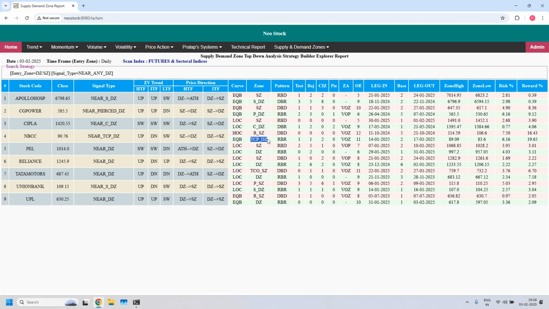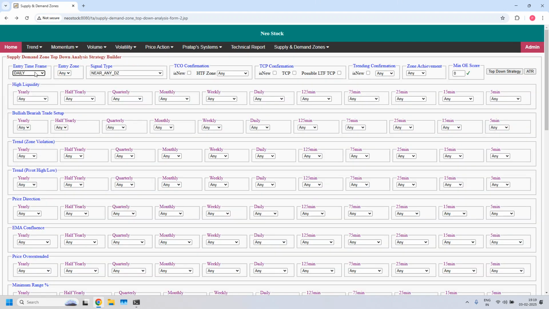Next, NBCC is having a high liquidity daily demand zone. And Union Bank is having a high liquidity daily demand zone. So we have identified 3 daily high liquidity demand zones from this list. Okay, next, daily time frame.